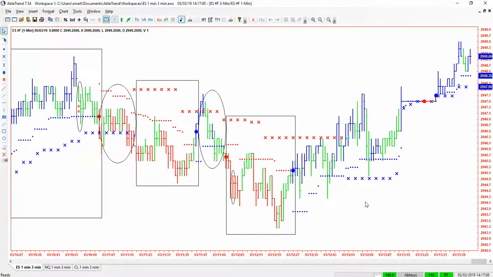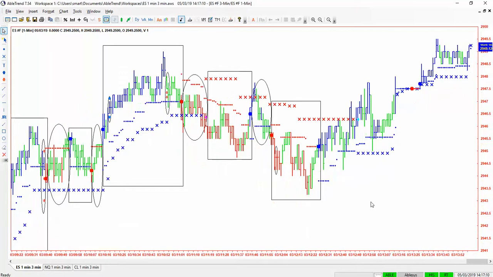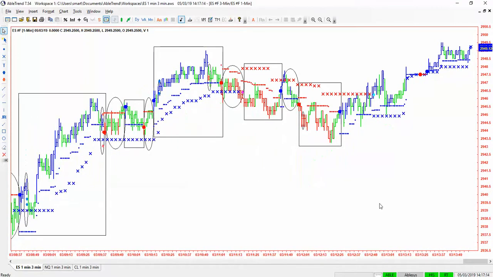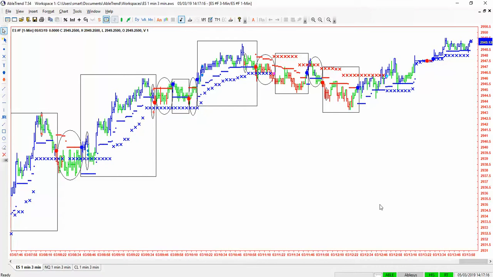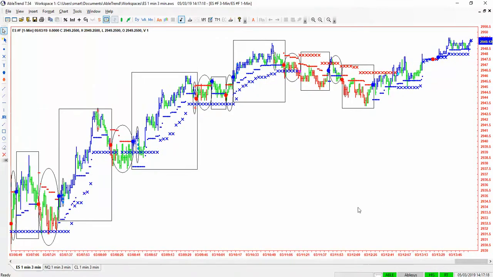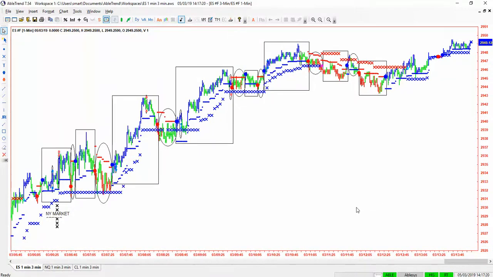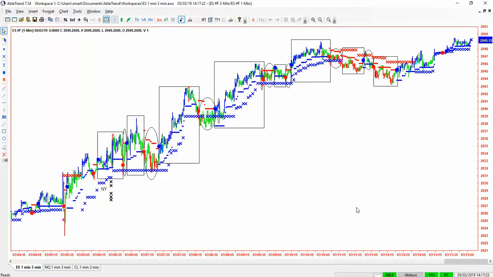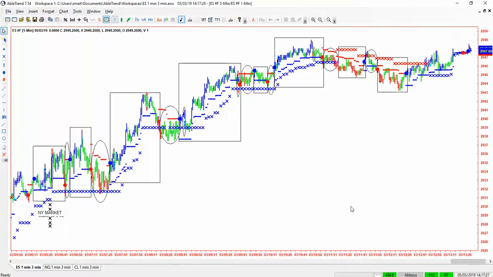Okay, let's just zoom out, take a look at it here. This is what I like to do. Kind of gives you a view of the big picture. That's kind of off and on today. You had some fairly good trading advantages or trading opportunities.